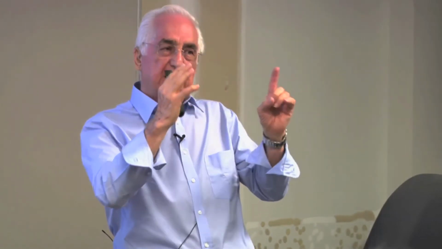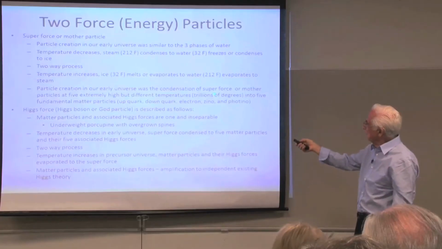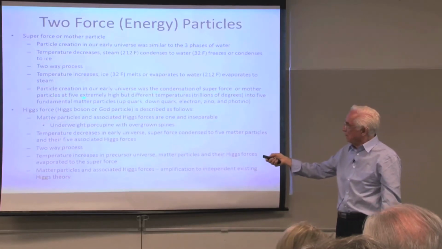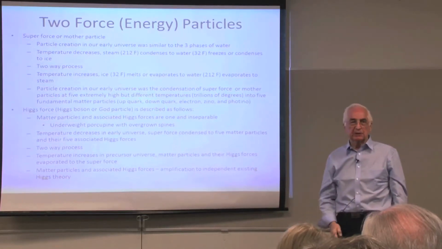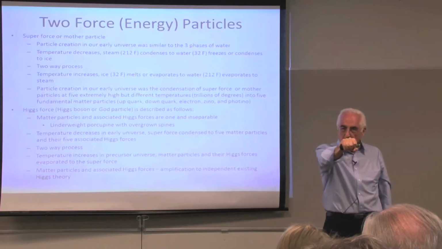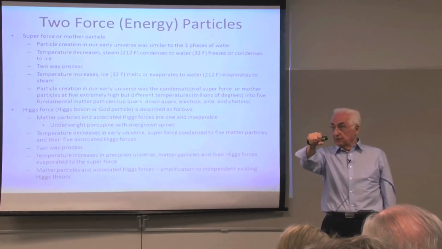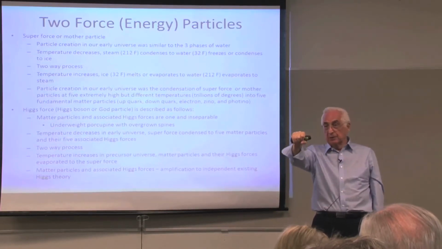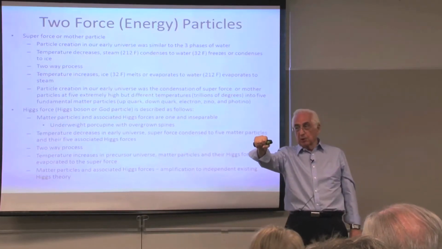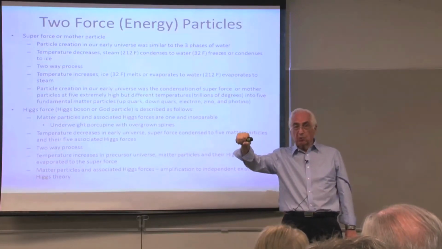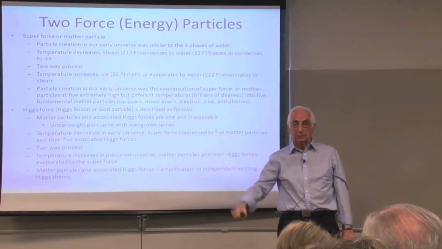Now, particle creation in our early universe was very similar to that. As our universe expanded, the temperature decreased. And therefore, the superforce or mother particle at high temperatures condensed first to the up quark matter particle, then to the down quark matter particle, then to the electron matter particle, to the xeno matter particle, and to the photino matter particle.